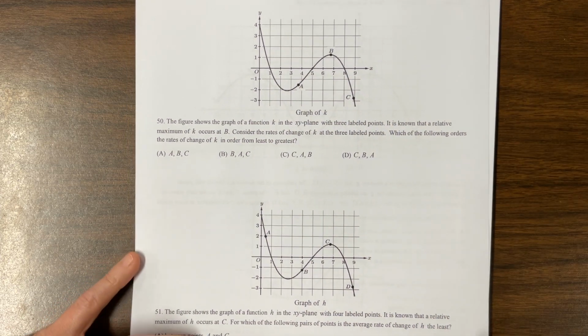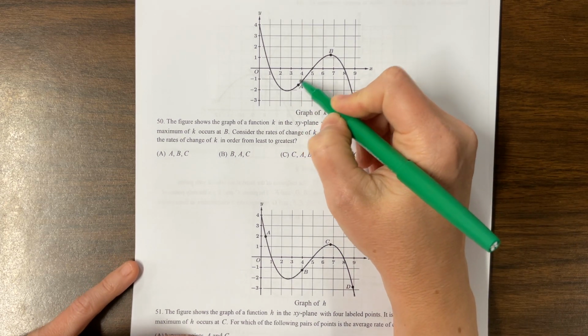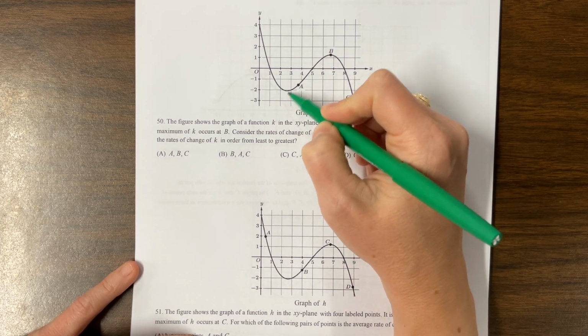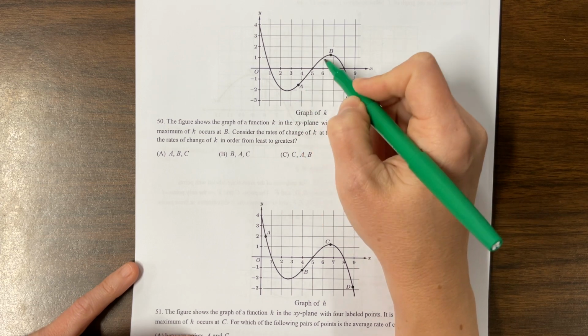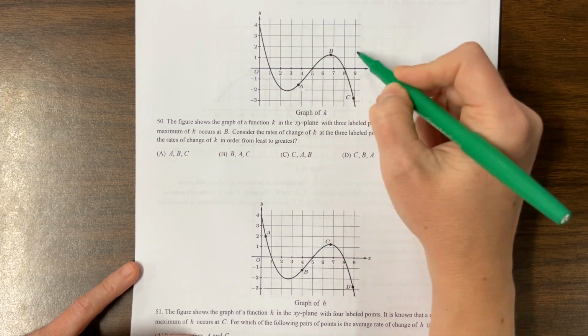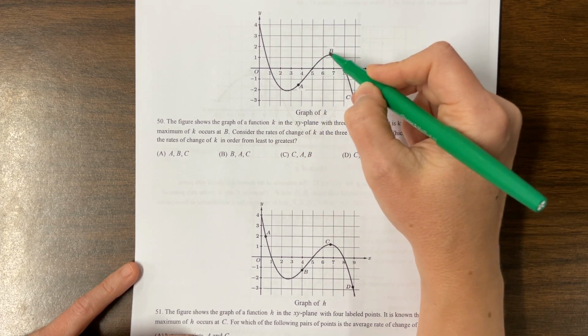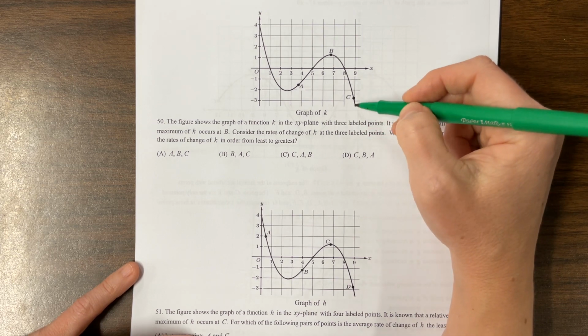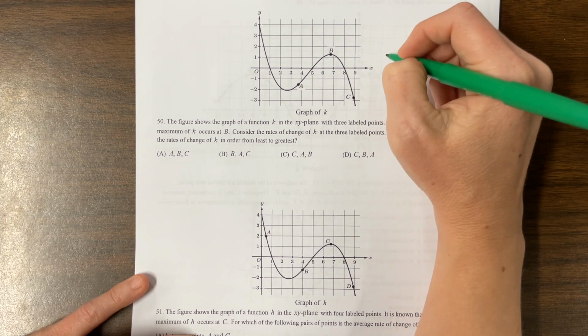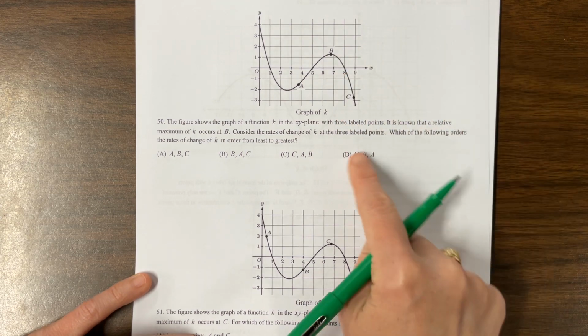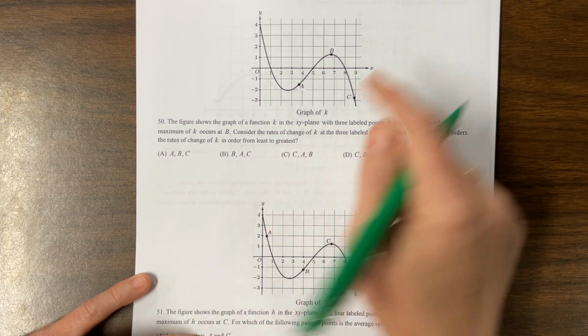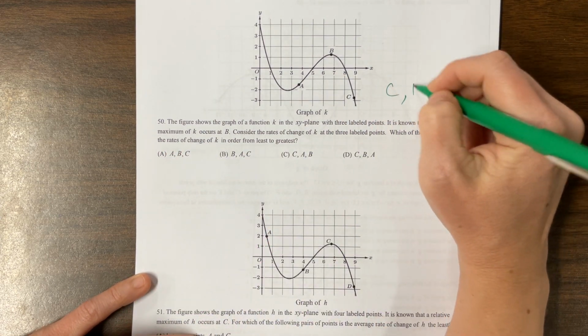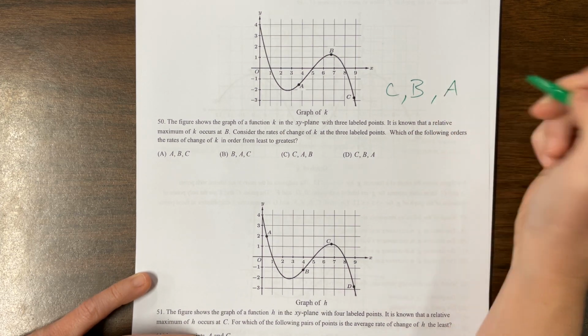Okay, maybe here's what he's going for. Anything from A to something near A, the rate of change is going to be positive, since this is increasing. Here, our rate of change is 0, and then here our rate of change is negative. So A is positive. The least to greatest, so negative is less than 0, which is less than positive.